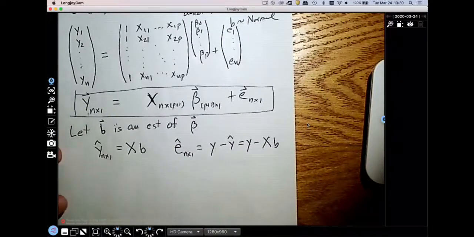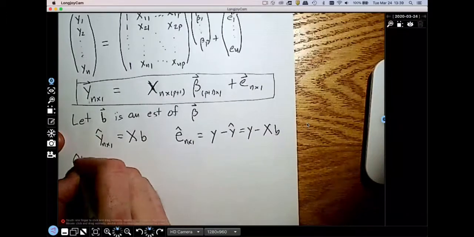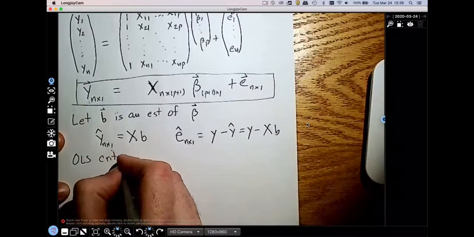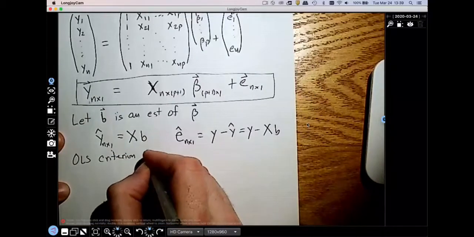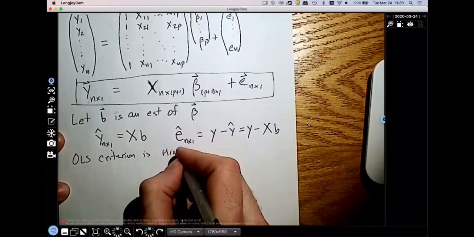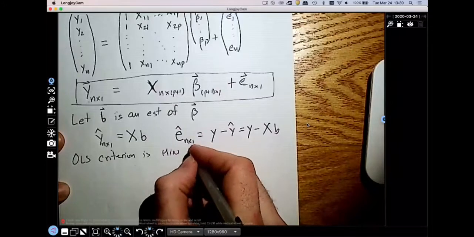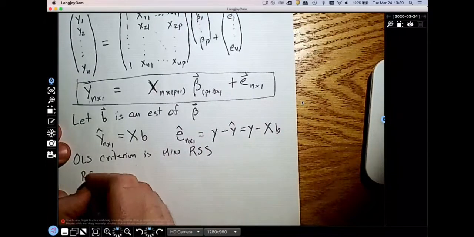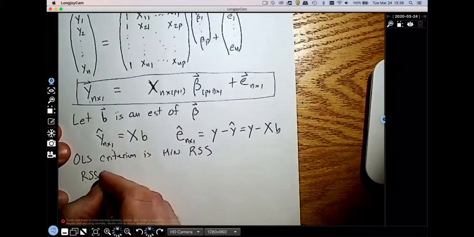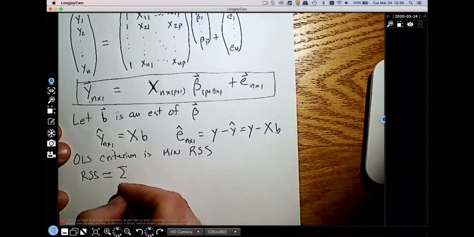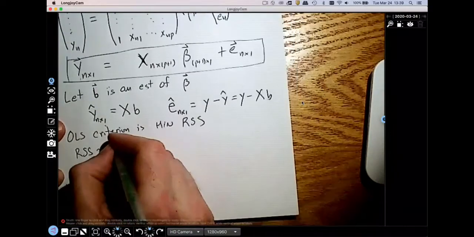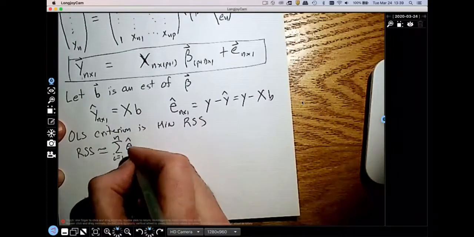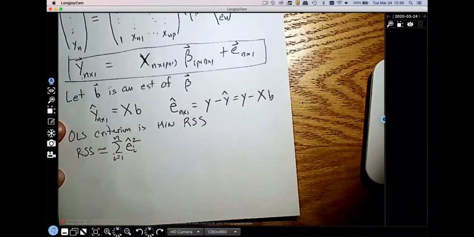So what's the OLS criterion? It is to minimize the sum of squared errors, the residual sum of squares. RSS, you'll recall, is the sum from i equals 1 to n of my residuals squared.